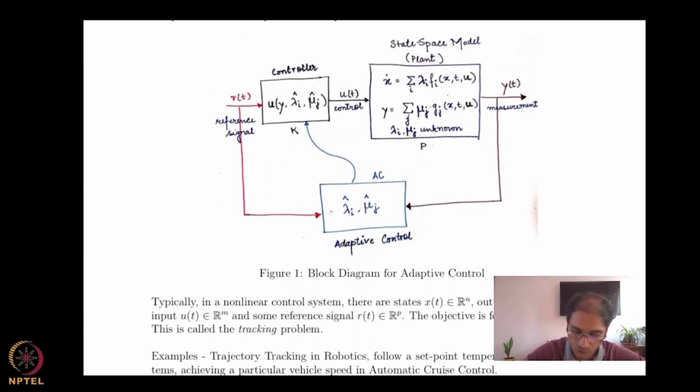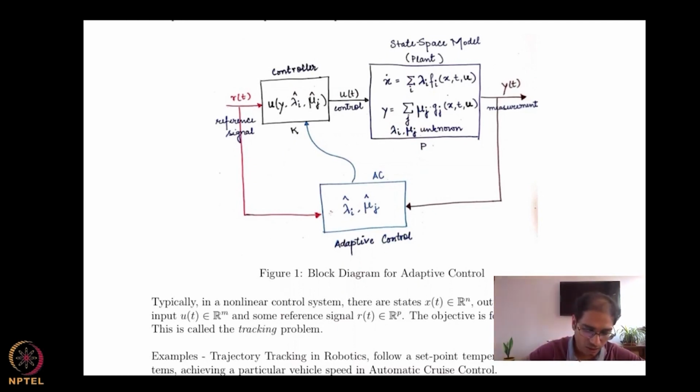And then there is an output, which is a summation of mu j, g j, where f i is a function of possibly state, time, and control. Similarly, the output is a function of the state, time, and also the control. The additional complexity in the systems that we are interested in is that these lambda i's and mu j's are unknown. So these are some sort of unknown parameters.